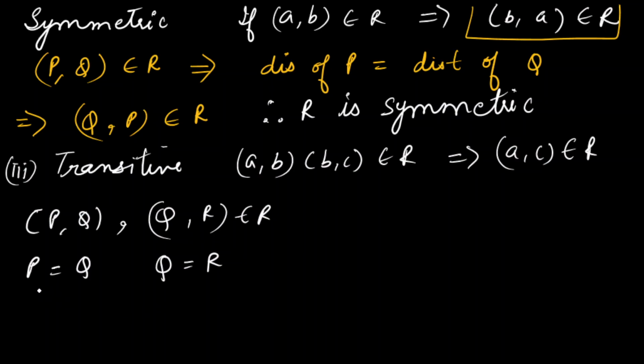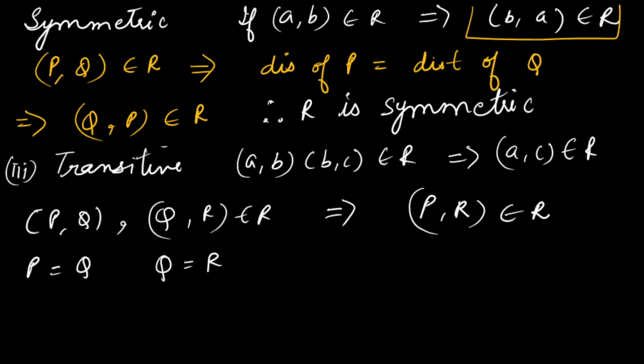Suppose Q is 5 units. So that means P is also 5 units and R is also 5 units, just an example I am taking. So this implies (P, R) will also belong to relation R.